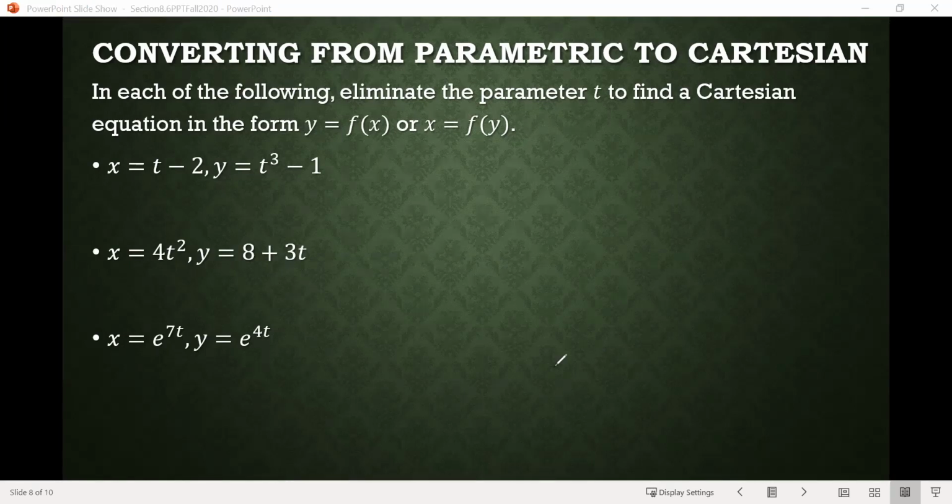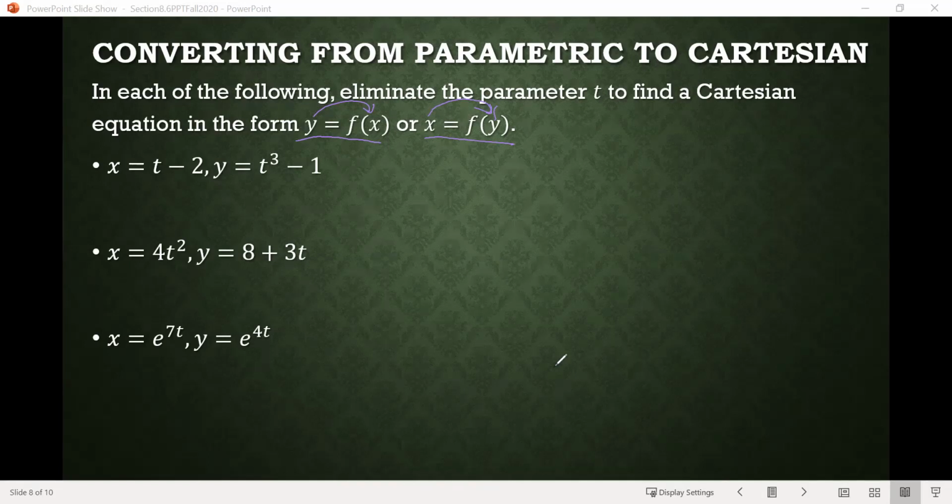Notice that in the first one, y is a function of x, but in the second one, x is a function of y. So when rewriting parametric equations in terms of x's and y's, it's okay to write either x as the input variable or y as the input variable. And often the situation in the problem will dictate that.